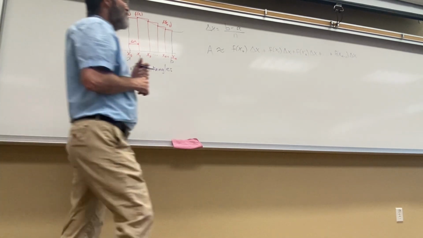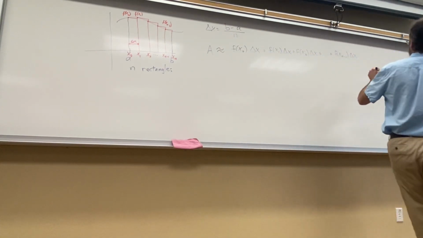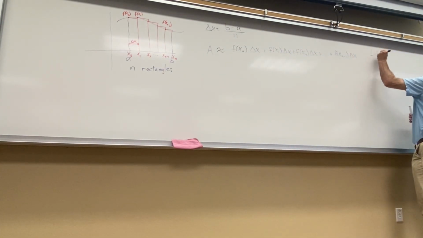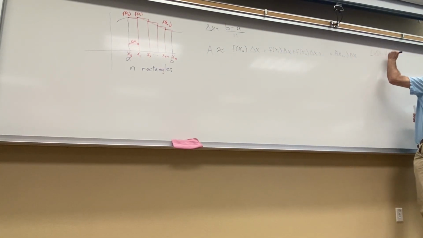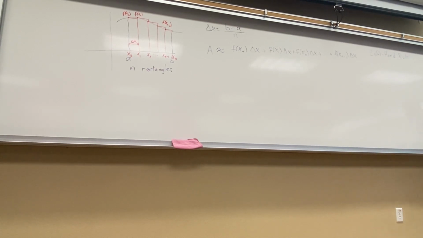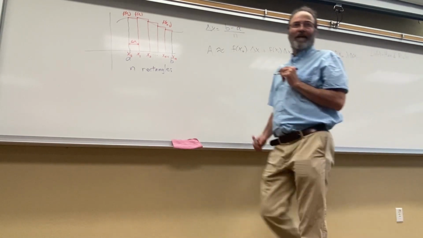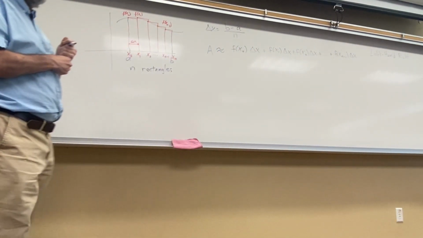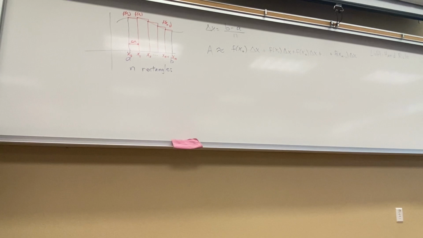This is called the left-hand rule, because it's only touching on the left. We're going to follow this up with the right-hand rule, which is going to redraw the rectangles to put them touching on the right. So then if it's touching from the right, it would only be touching from the right, not from the left? Yes, exactly.